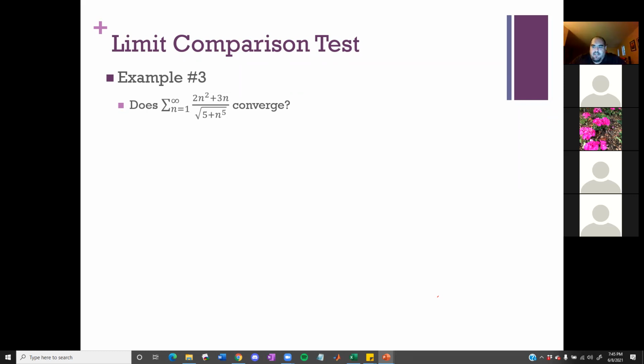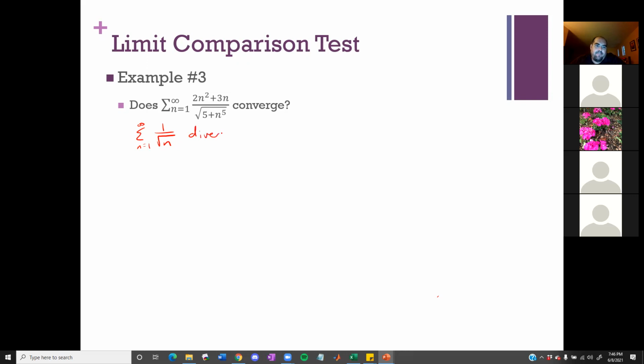What other series were you looking at, Jacob, or were you thinking about? I was kind of thinking about the 1 over square root n. Okay. Now I'm not too positive if that converged or diverged. It diverges, 1 over radical n.